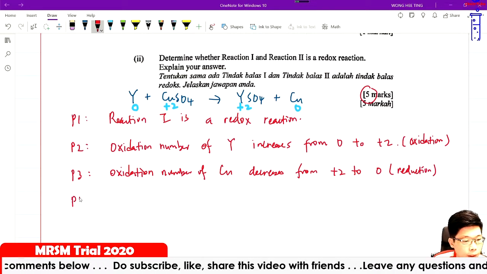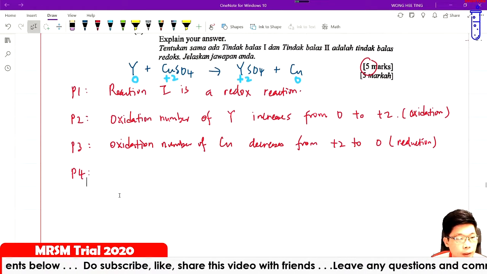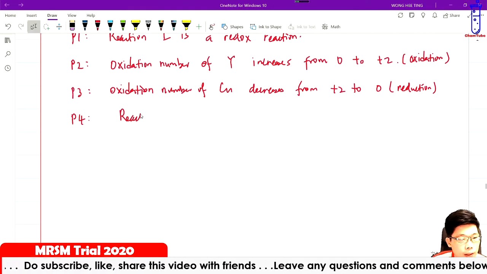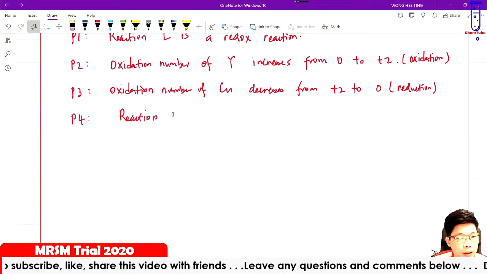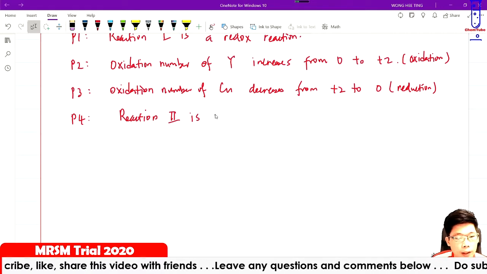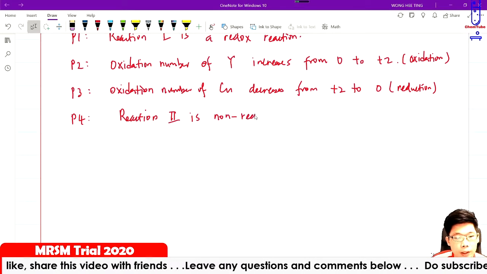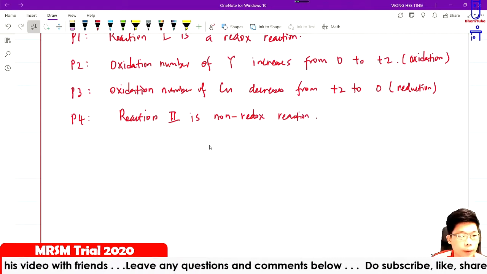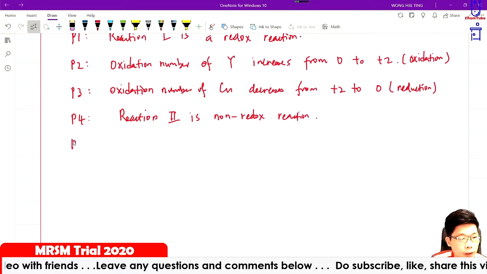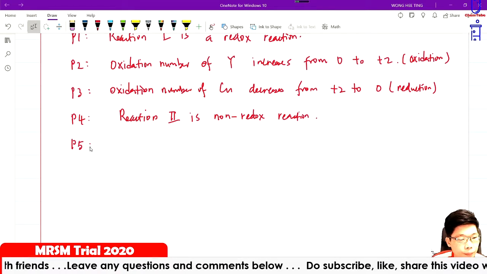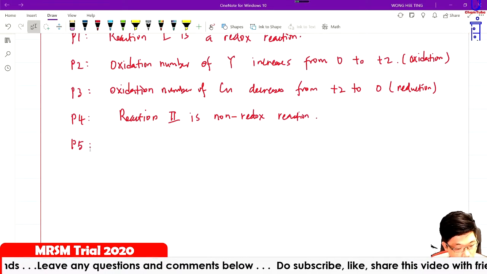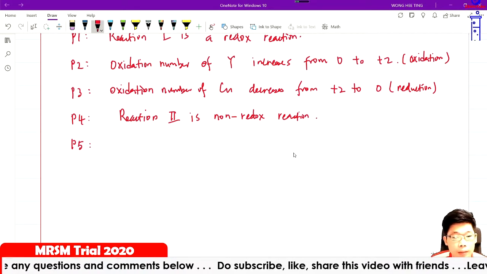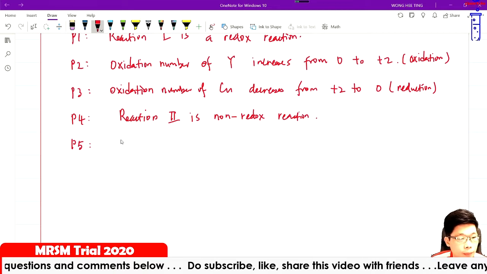Next, point number 4: reaction 2 is a non-redox reaction. Why?